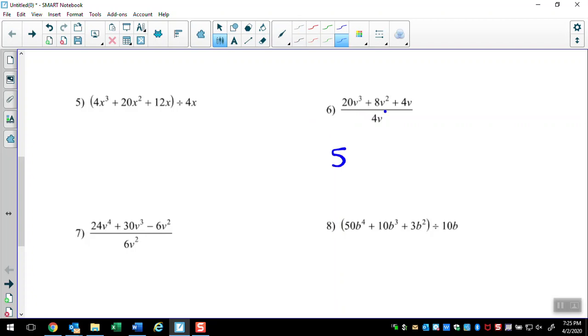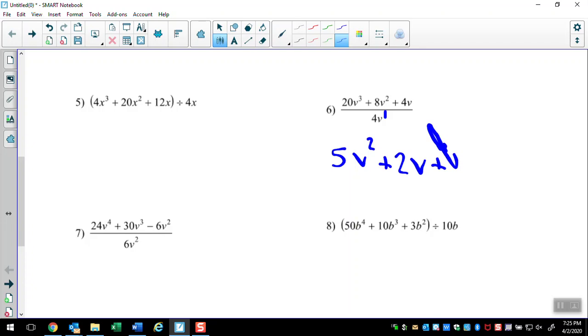Again, this is v to the first power. So v cubed divided by v to the first, 3 minus 1 is 2, so v squared. 8 divided by 4 is 2. V squared divided by v to the first, 2 minus 1 is 1, so just v. Right?